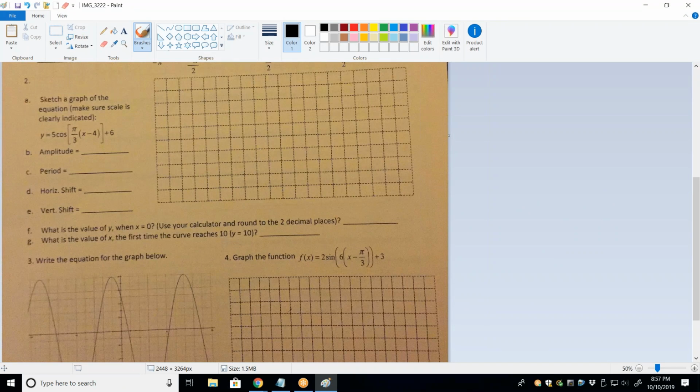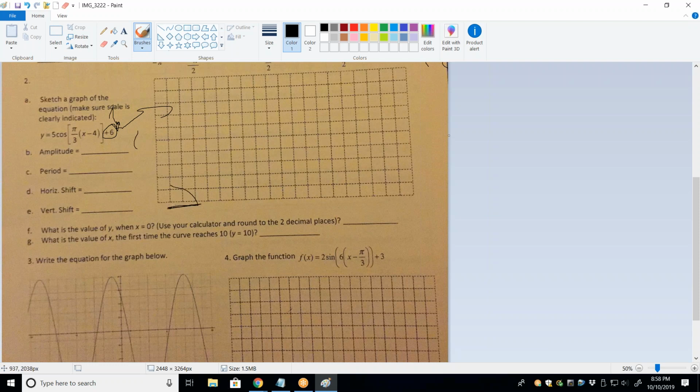So, let's start with the easiest thing, which is the +6. What does that do to my line of symmetry? My horizontal line of symmetry. Vertical up by 6.